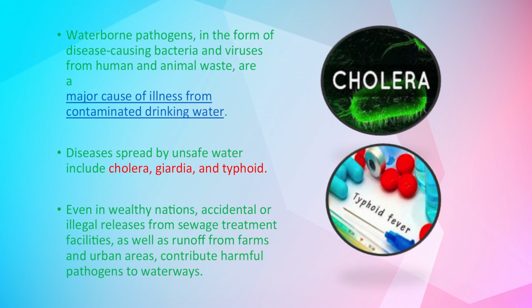Diseases spread by unsafe water include mainly cholera, giardia and typhoid. These are the main waterborne diseases, and in the wealthy or developed nations, the accidental or illegal release from sewage treatment facilities as well as runoff from farms, agricultural areas and urban areas contribute harmful pathogens to waterways.